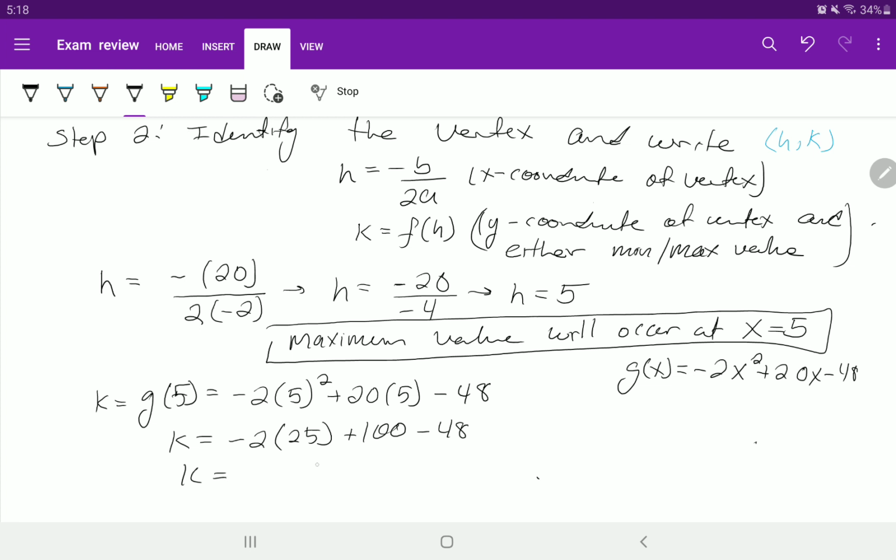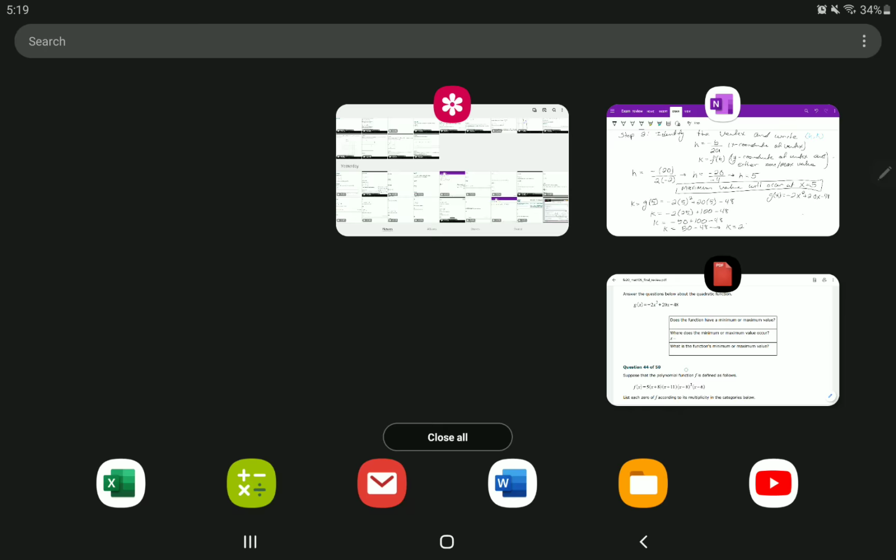K equals negative 2 times 25 is negative 50, plus 100 minus 48. You're paying $50, you deposit 100. Your account has $50, so we have 50 minus 48, and 50 minus 48 is 2. And because k is 2, that means your maximum value is 2.